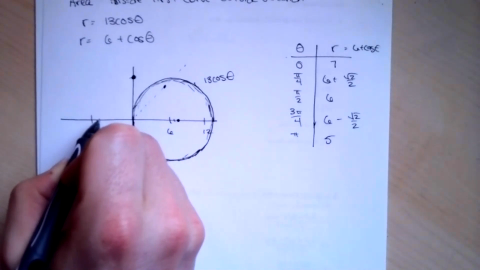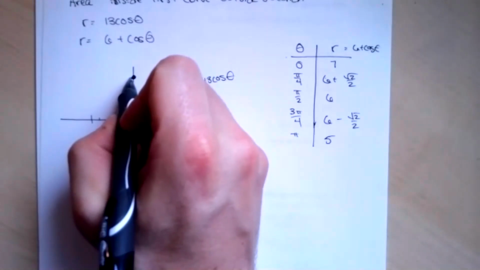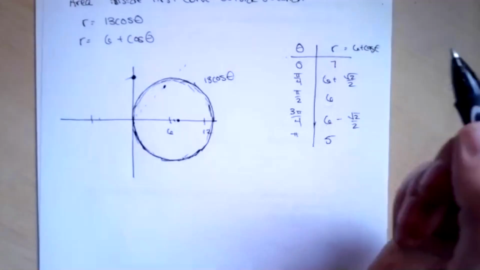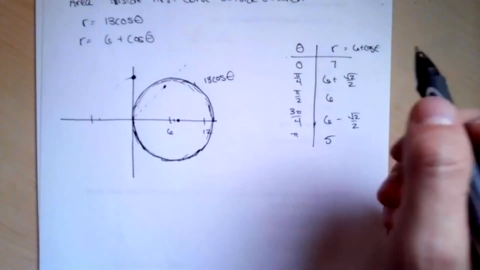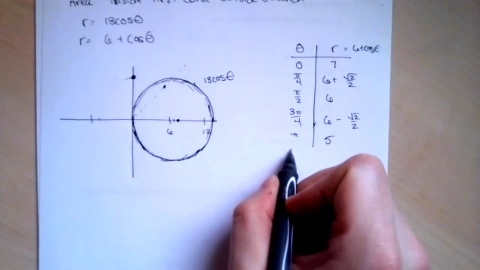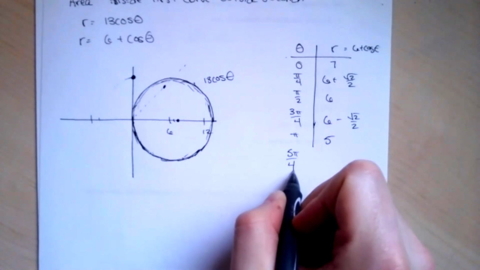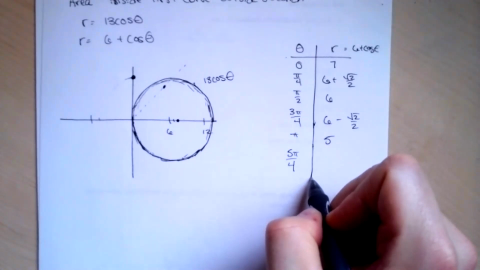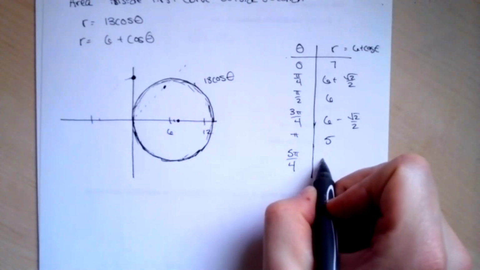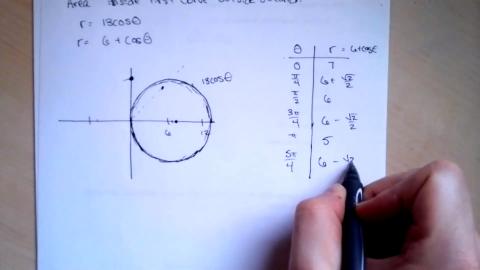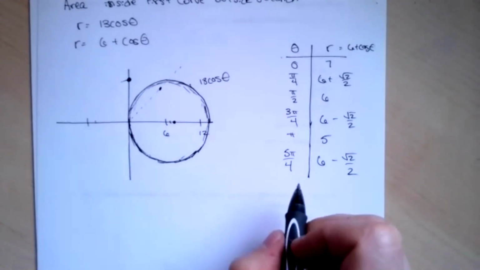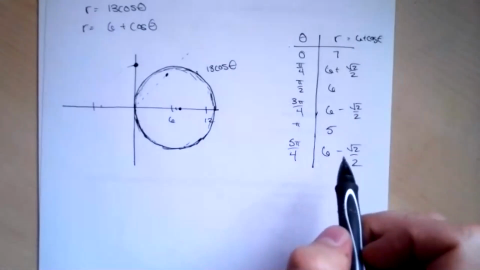It'll be maybe at 5. And then as we keep going around the circle, at 5 pi over 4, we're going to be at 6 minus square root of 2 over 2. And so it's going to repeat.